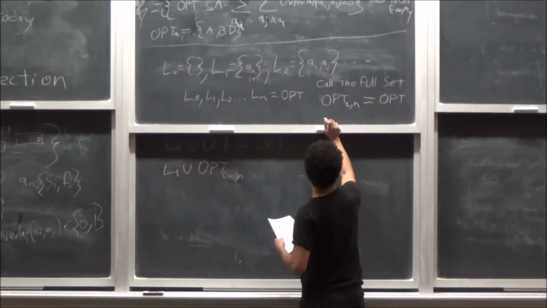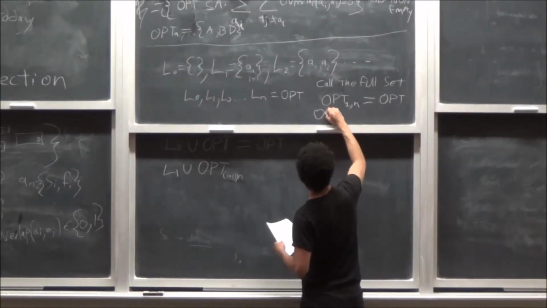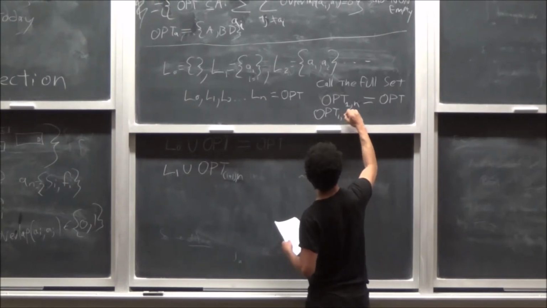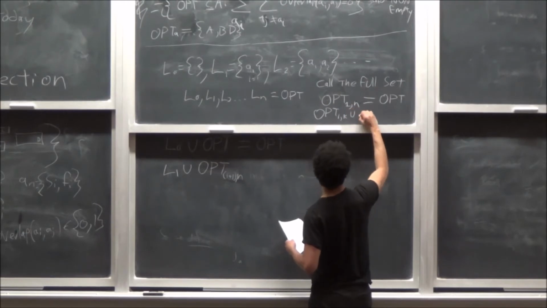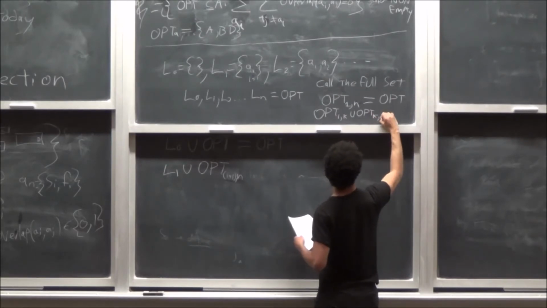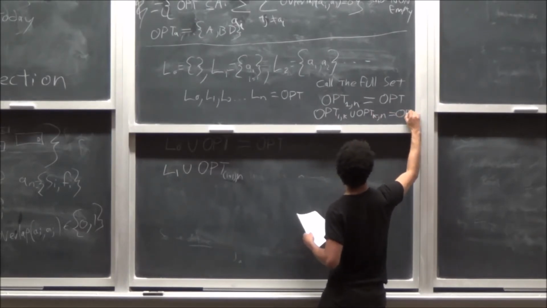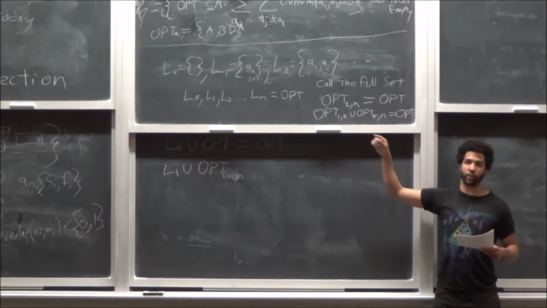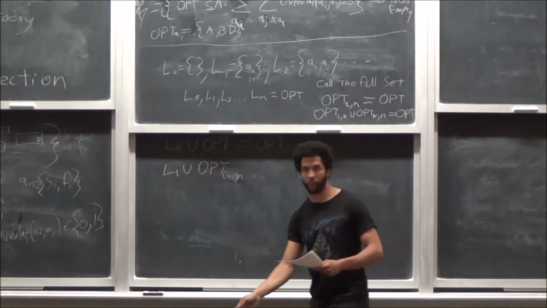You can also say with this notation that OPT 1 to k, where k is a new index, union OPT k to n equals OPT. Sorry, does that make sense? No? We're just cleaving the set at a certain point in the index.